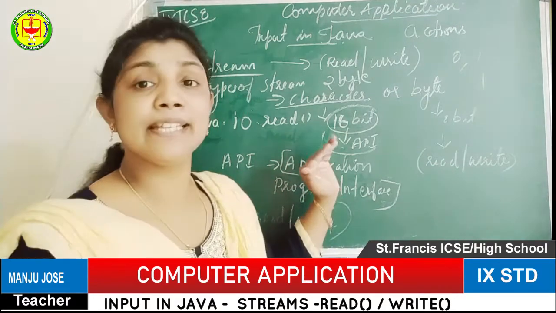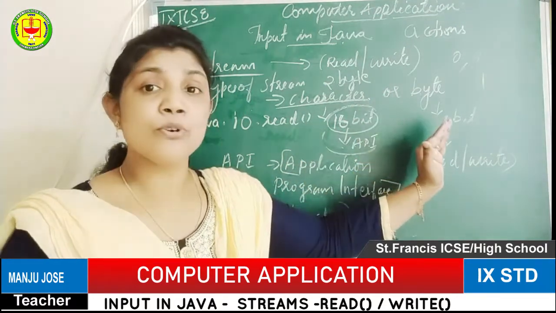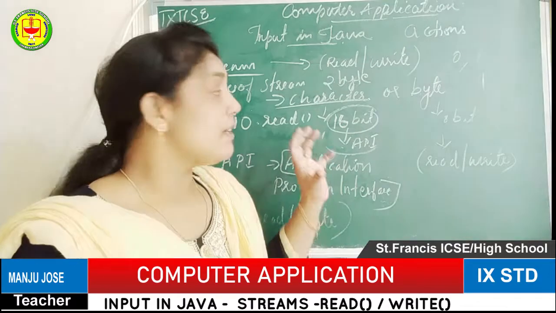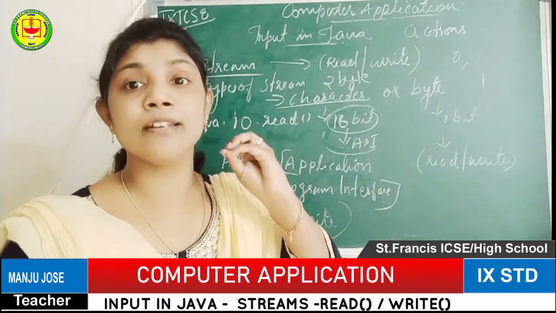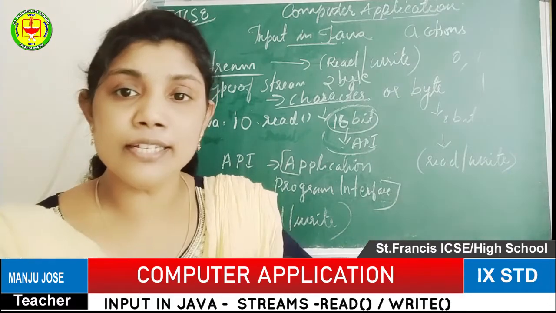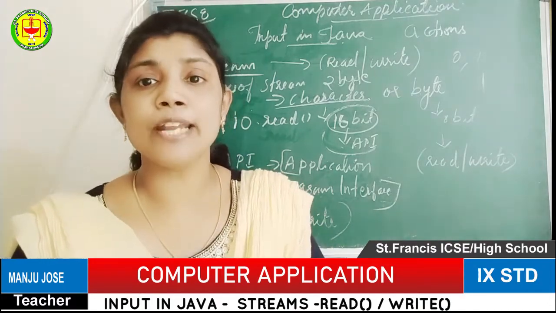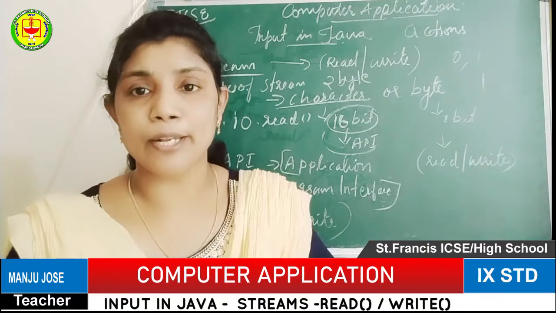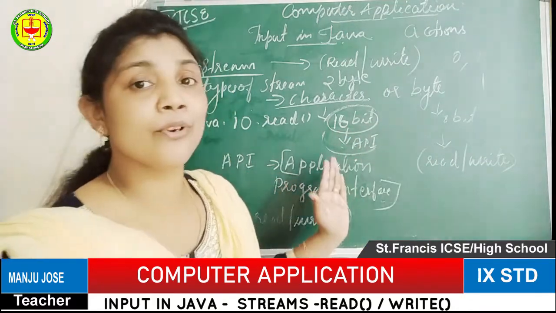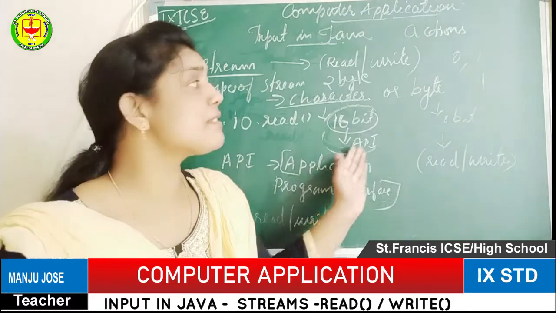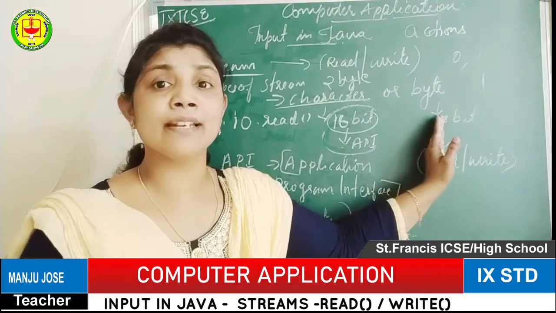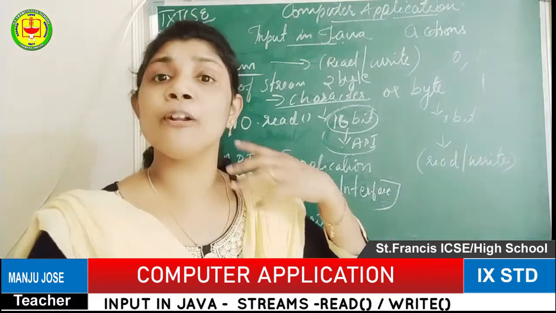Compared with the character stream, in the byte stream we use exactly the same streaming options, called the reader function and the write function. Read is used for reading the value, and write is used for writing the value. Both are similar. The major difference is that one is 16-bit direct characters, and the other is 8-bit characters converted to binary format.